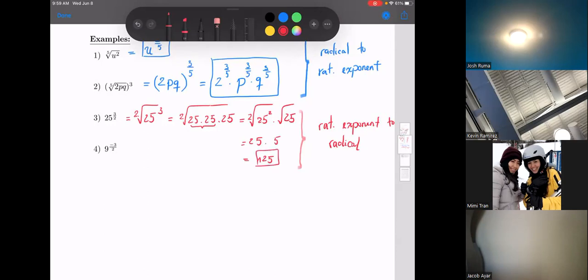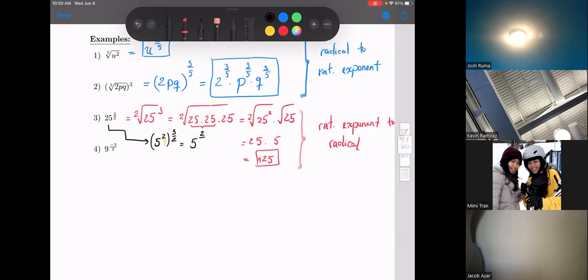I'll show you another one, easier. Alternatively, 25, I can rewrite it as 5 squared. Is that okay? And then outside is 3/2. The 2 here is the same thing as 2 over 1. Now you can use the exponent rule: you can multiply the power. So 2 over 1 times 3 over 2.